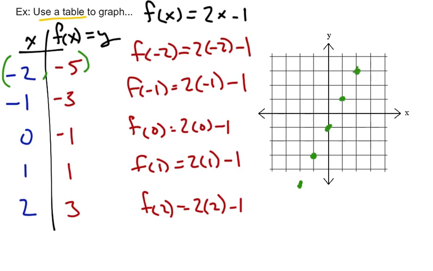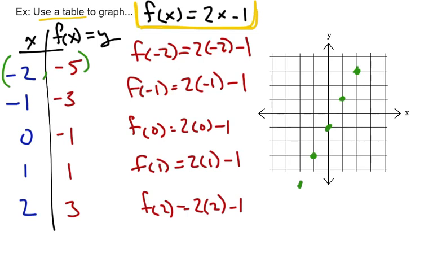Now we've just plotted a bunch of points. Do we connect the dots? Well, before we didn't, because we defined the relation or the function as just these specific points. In this case, we just picked a handful of points just to find out if there's a pattern there. Remember that our function is any relation that's going to fit this.